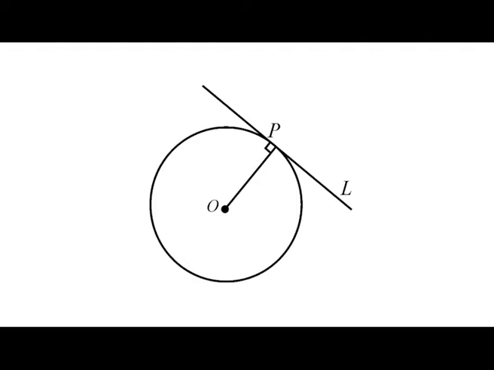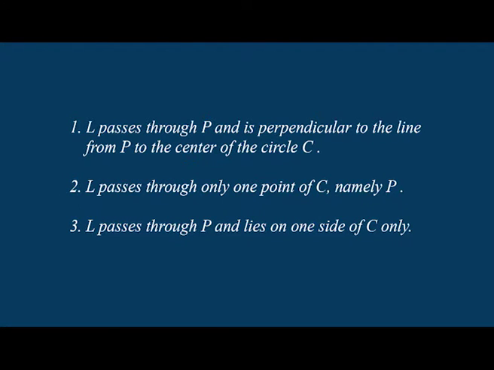In figure 2, the line L is tangent to a circle at a point P. From the figure, we observe that if L is a tangent to the circle C, then first, L passes through P and is perpendicular to the line from P to the center of the circle C. Second, L passes through only one point of C, namely P. Third, L passes through P and lies on one side of C only.